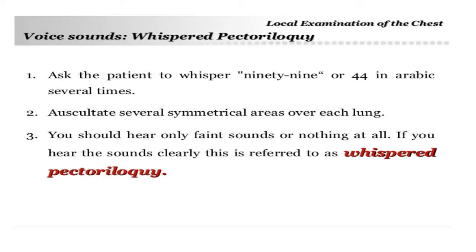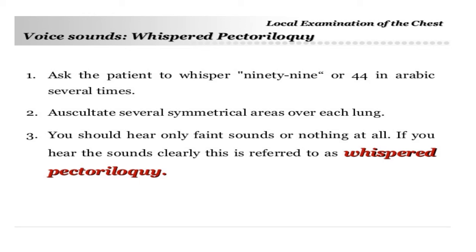So the last one is whispering pectoriloquy. You have to ask the patient to whisper anything or any number like 99 several times, and you have to auscultate several symmetrical areas over each lung, but you should hear only faint sounds or nothing at all.